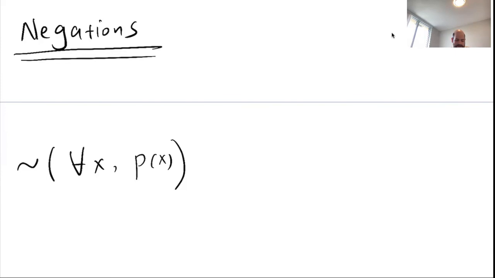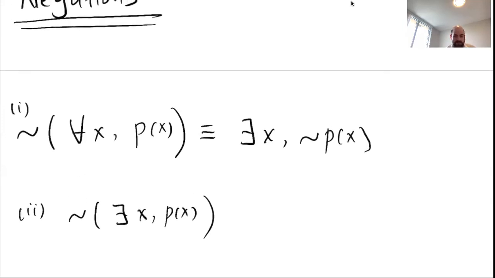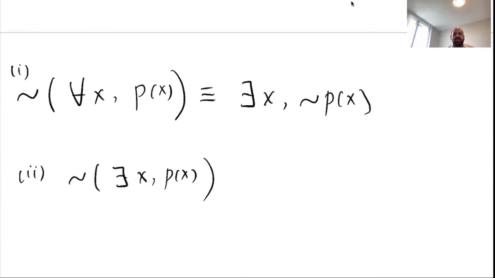Similarly, the negation of there exists X with P of X. Again, think about it. When can I say that it's not the case that there exists a student in our Math 120 class whose GPA is more than 3.6?